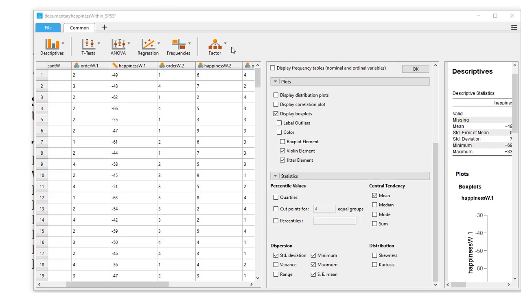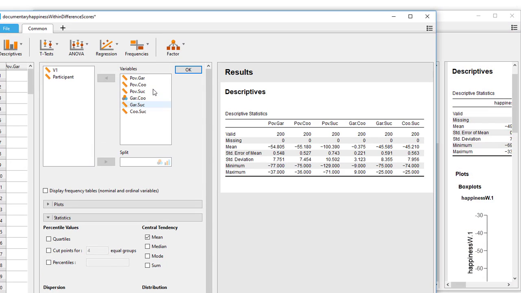We should use the data set of the difference scores, the one that I created. Which is this one. So remember, I created 6 variables, which are the difference scores. So for each subject, we calculated the difference between one condition and another, and we did that for the 6 contrasts.